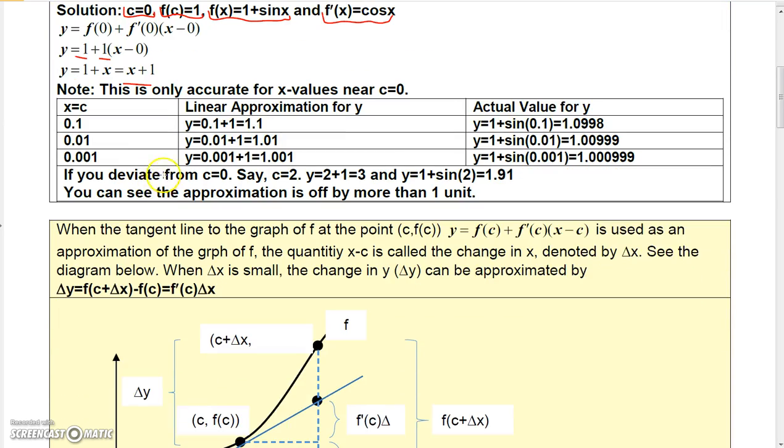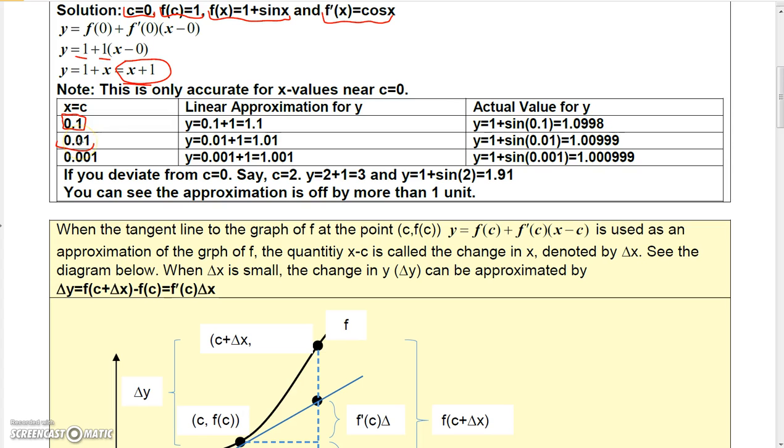So really this is just going to end up being 1 plus x, or x plus 1. Now what's interesting is it's pretty accurate if we try to estimate this function at values near 0. Like if we wanted to approximate the value of the function at 0.1, then y would equal 0.1 plus 1 from this linear approximation, which is 1.1. Now note that the actual value, if you use a calculator, you're going to get 1.0998, which is pretty close. Now, the closer you get, the more accurate you're going to get.